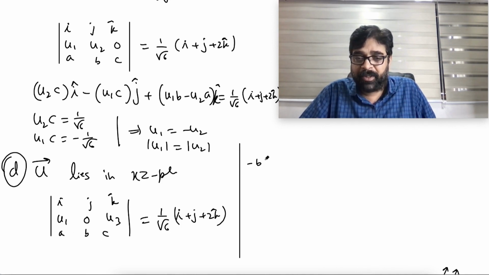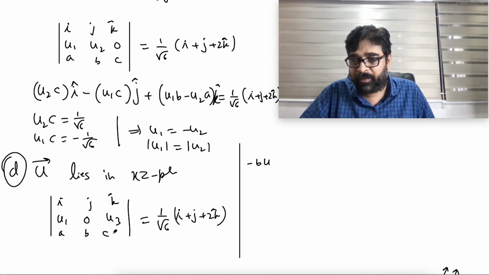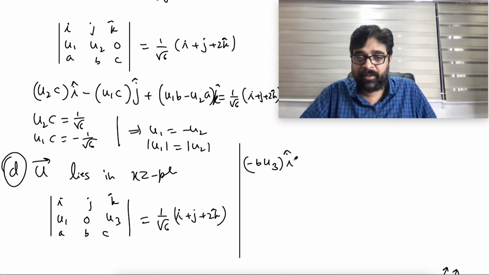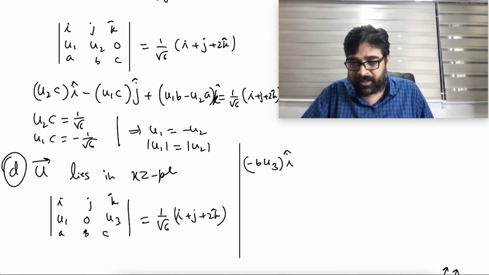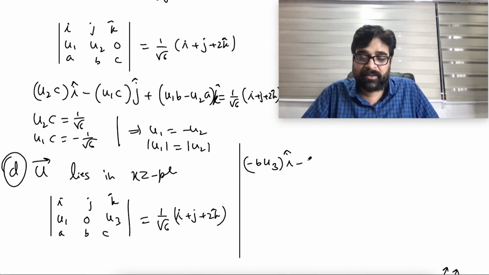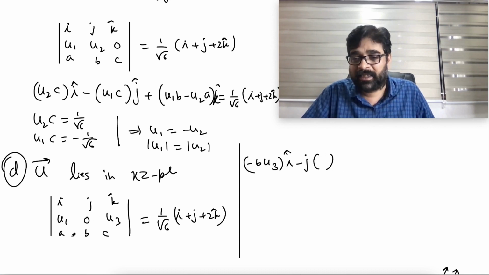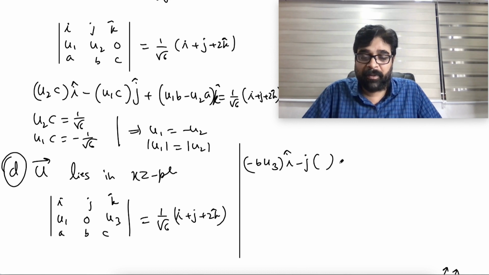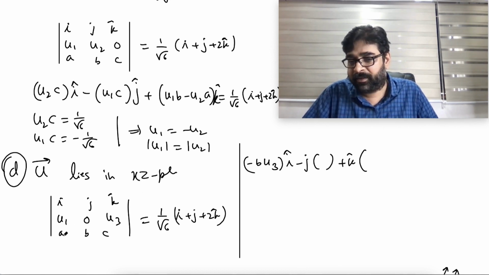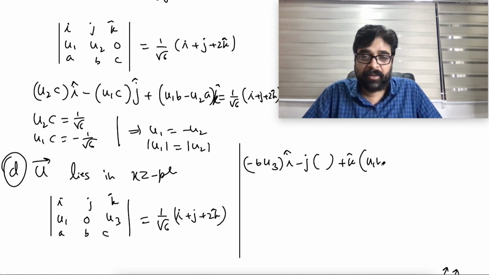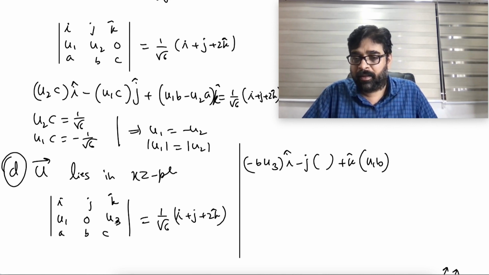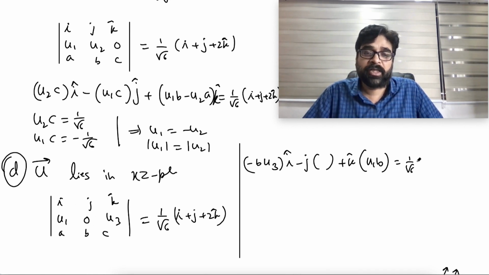So minus b u3 into I, plus minus j into something will come, leave it, because a and c will be involved, plus k into u1b, equal to 1 by root 6 times I plus j plus 2k.